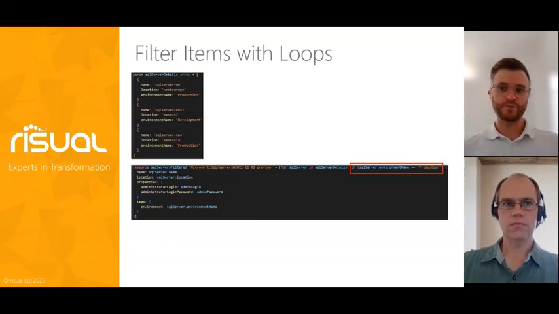So this code will iterate through each of the servers in the server details array and only deploy them if the environment name is set to production. So the outcome will be that the SQL servers SQL server-weu and SQL server-eas will get deployed. But because SQL server-eus2 is in development, it will not be deployed.